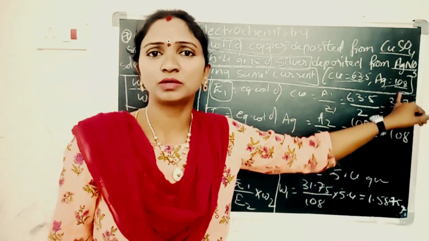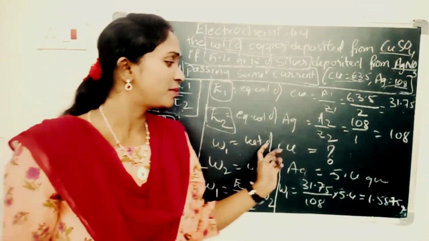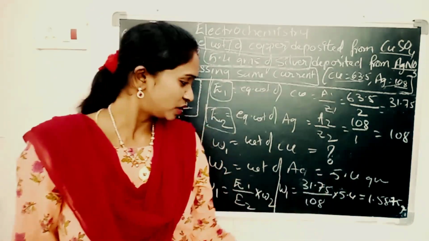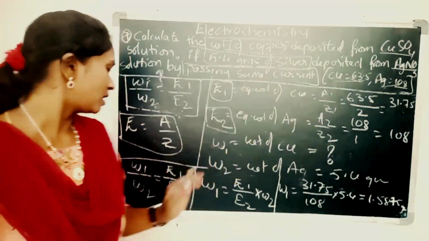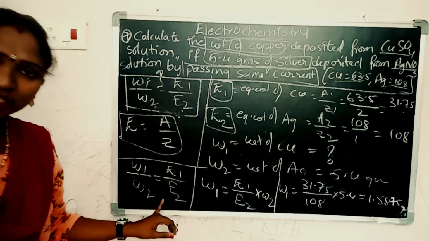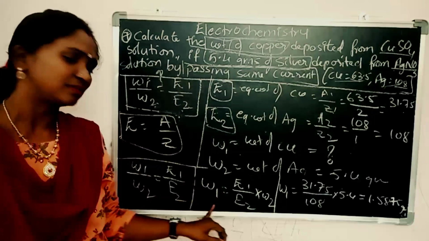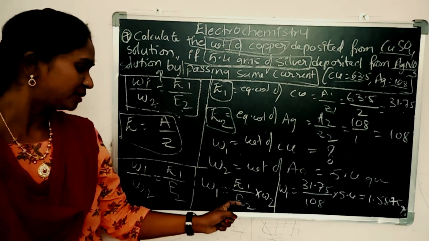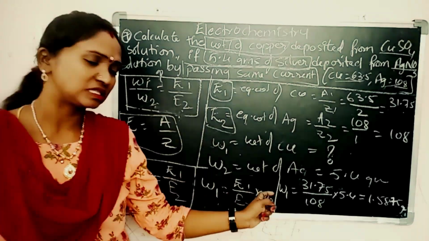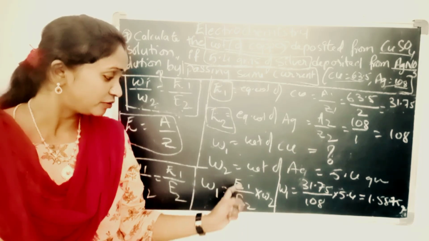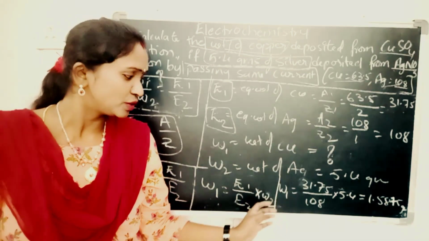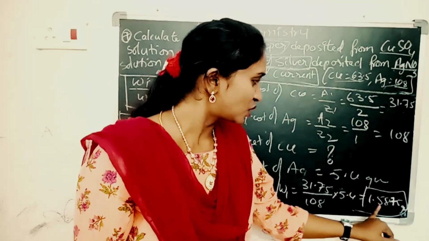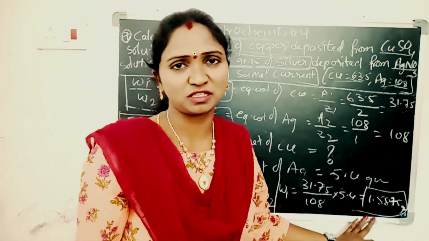The weight of the copper we have to calculate here, and the weight of the silver is given. So by using the formula W1 by W2 equal to E1 by E2, we can extract W1. So W1 equals E1 by E2 into W2, as this W2 goes to this side. We can place all the values here, and finally we will get the quantity of copper deposited.